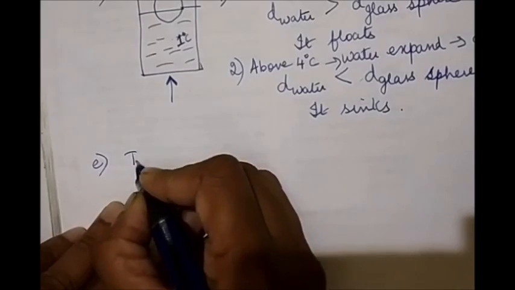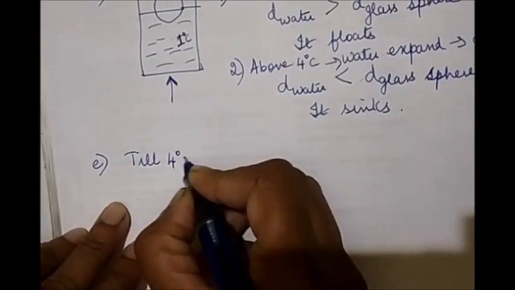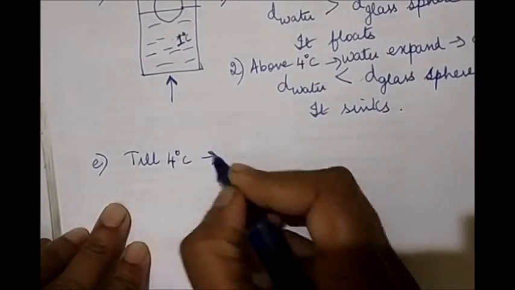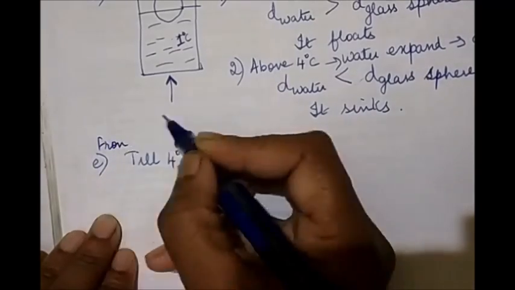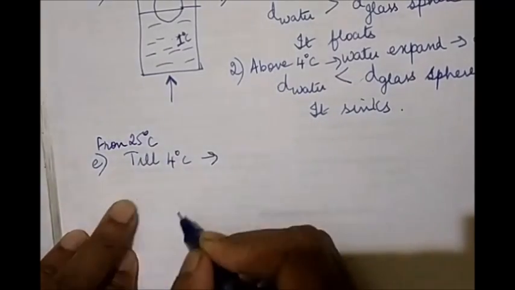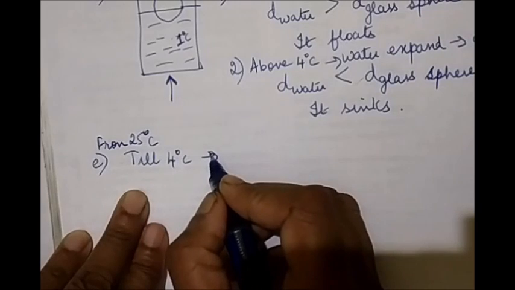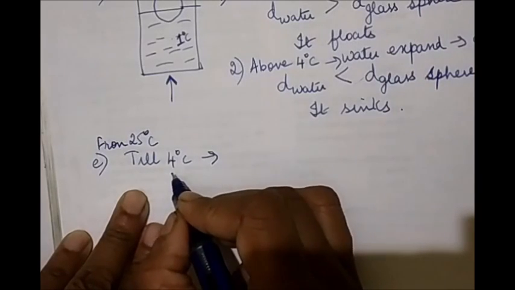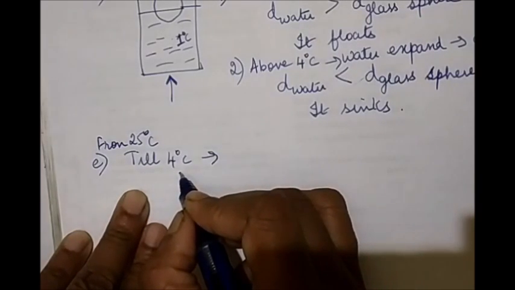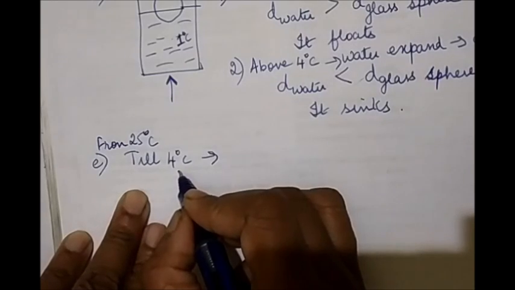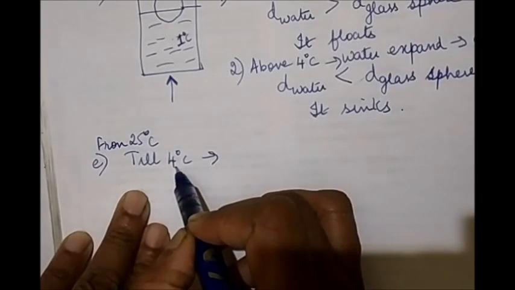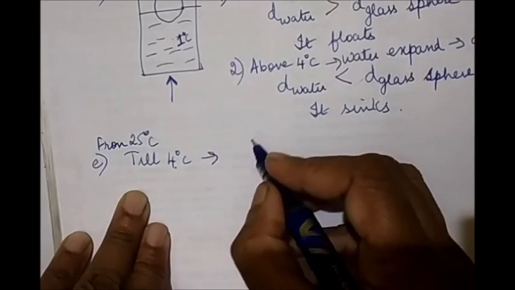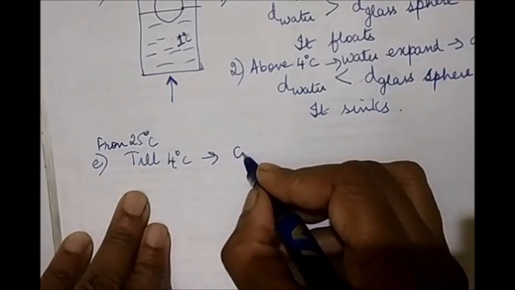What happens till 4 degrees Celsius? From 25 degrees Celsius to 4 degrees Celsius, it is cooling. Temperature is falling down, so it will contract.